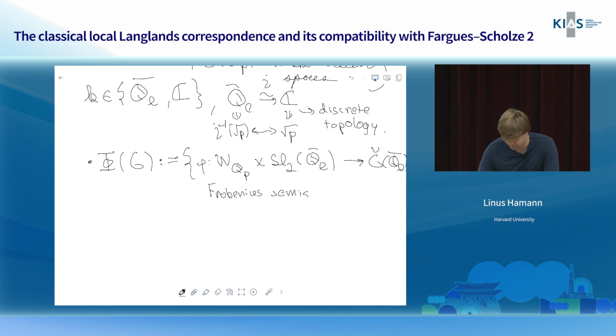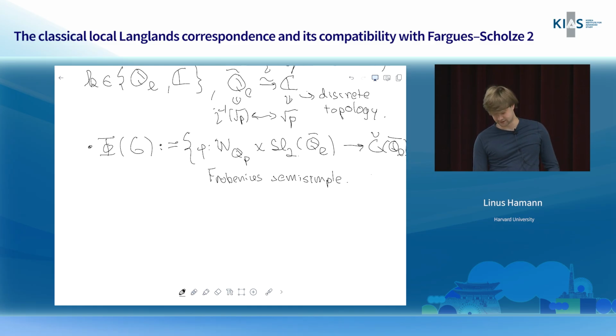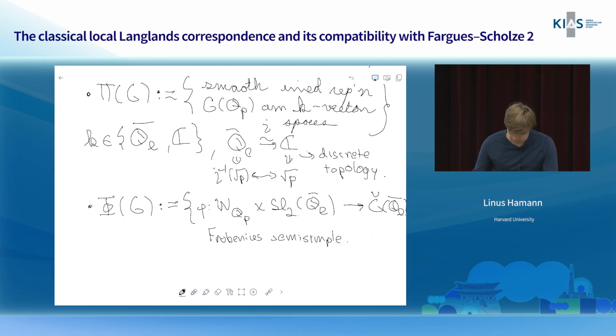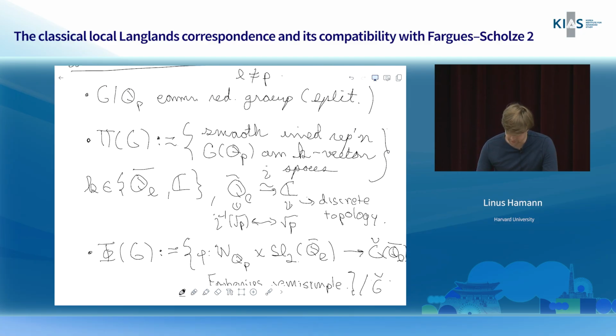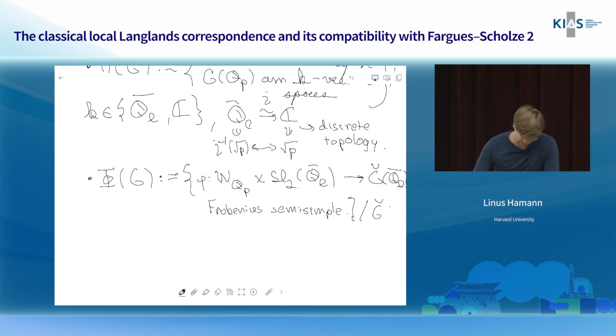So in particular, if I look at the image of Frobenius, that should define a semisimple element inside this dual group. This SL2 is essentially encoding the monodromy. And I'm going to consider these up to G hat conjugacy, and maybe I should also say up here I'm considering this up to isomorphism.